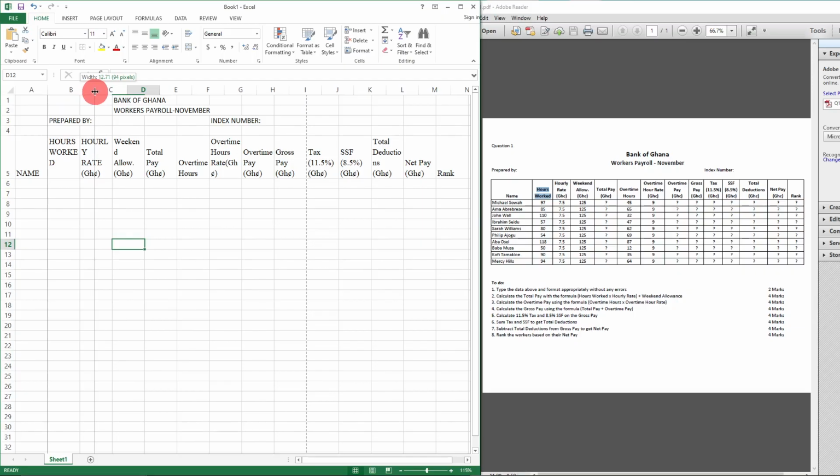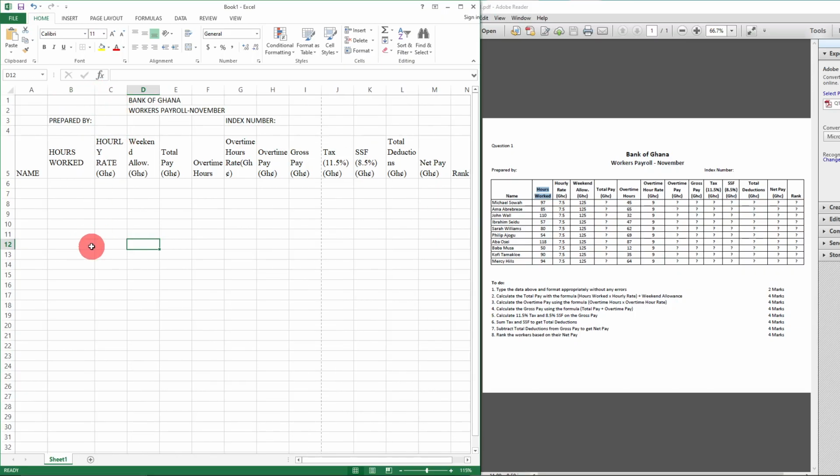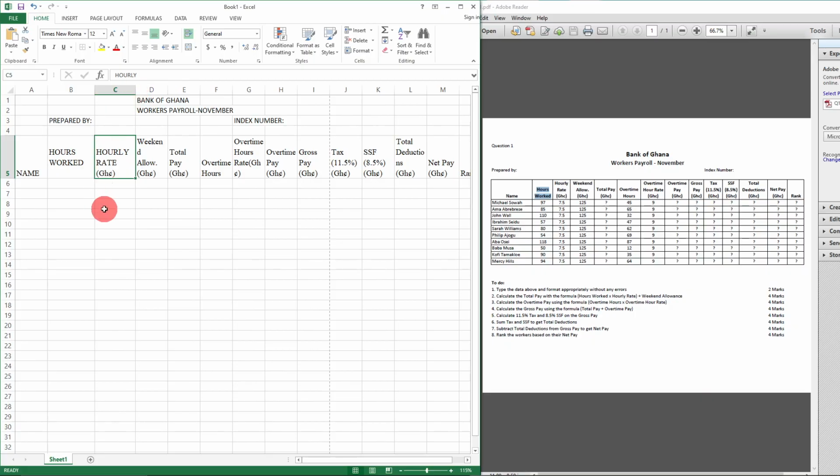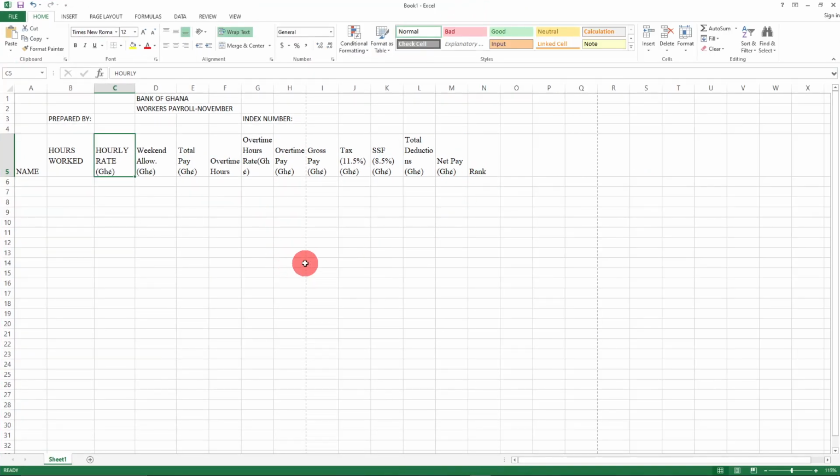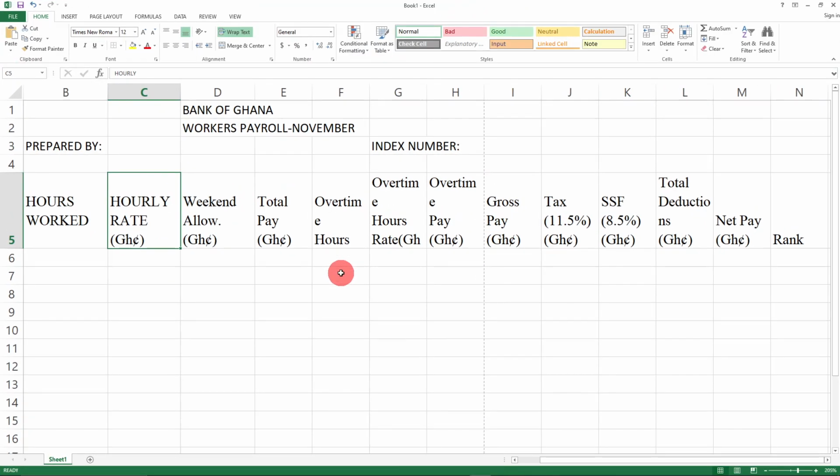So we have to start opening them. So this one is work hours. I said I will correct. Okay, this is hourly rates in Ghana cedis. I have to open this one. Okay, so now let me make it full. Increase it so that you can see it well. All right.